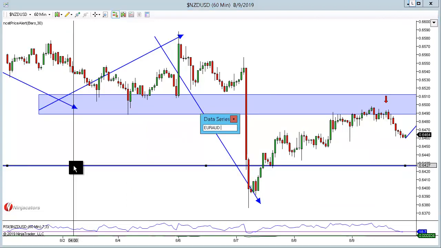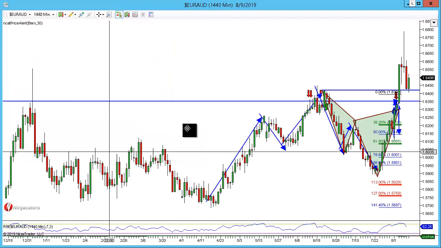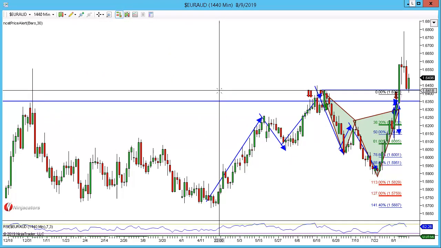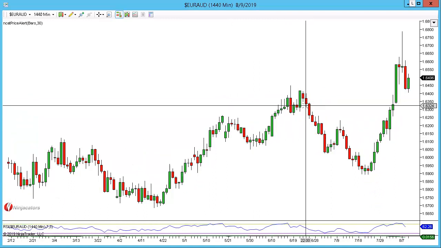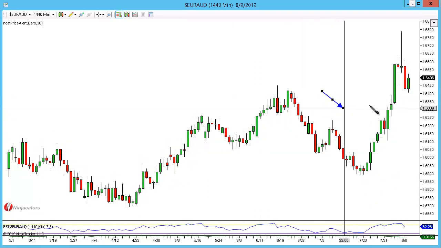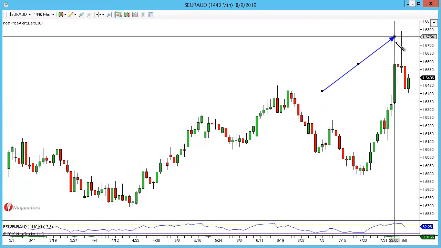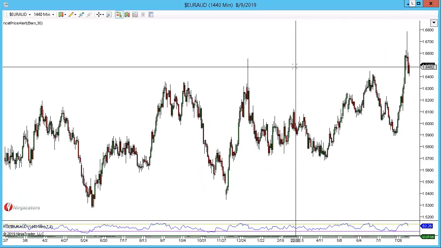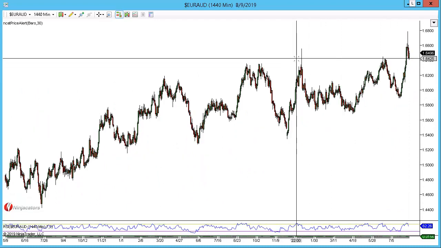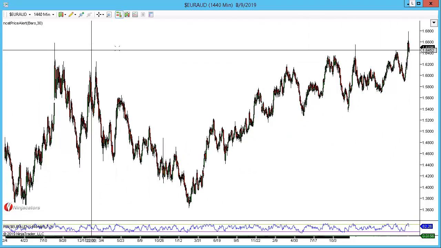Euro Aussie next. The Euro Aussie was one of those currency pairs that saw again erratic behavior over the past few weeks, and what we've seen last week was a massive burst, a great big rejection candle followed by a great big lower low, lower close, and that just so happened to come into a major level of structure.